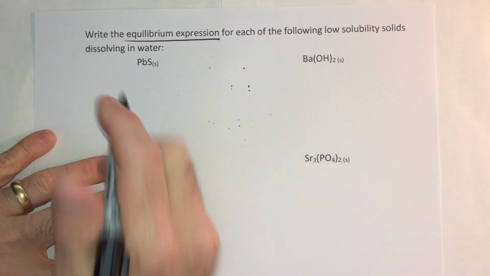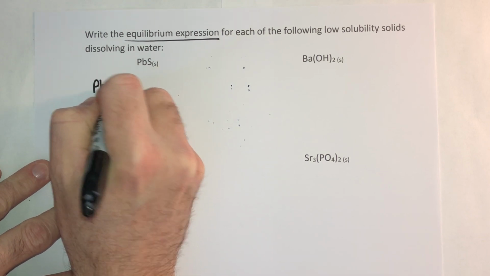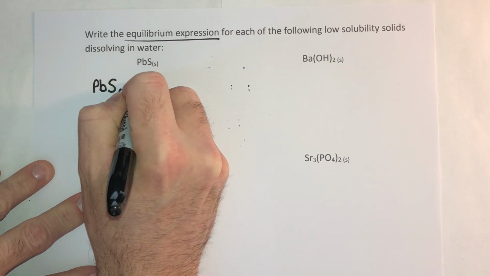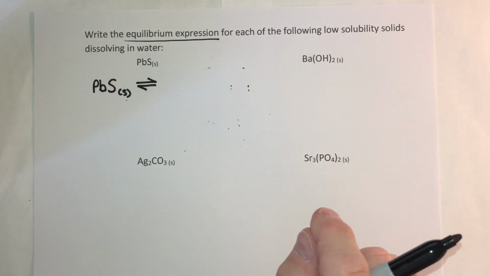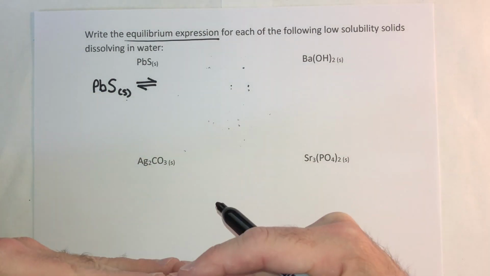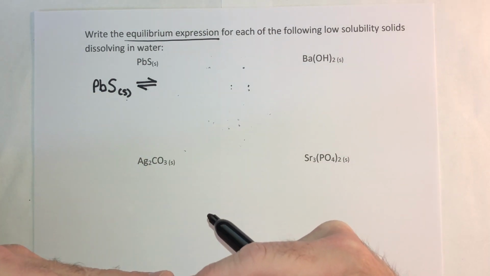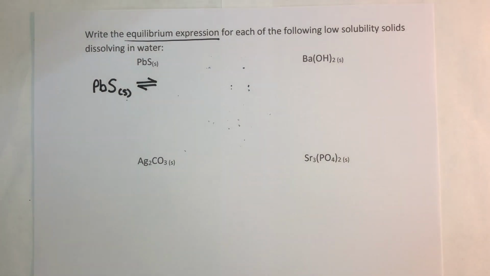Okay, so if we take a look at our lead 2 sulfide, so PbS solid, it is going to be an equilibrium. If you throw lead 2 sulfide in water, the vast majority of it will settle to the bottom and just sit there. But a very, very tiny amount will break up to form ions.